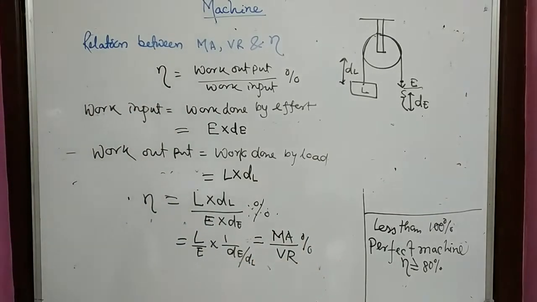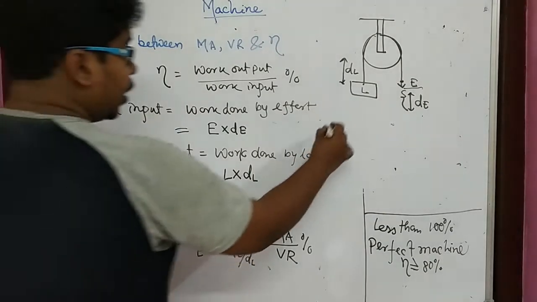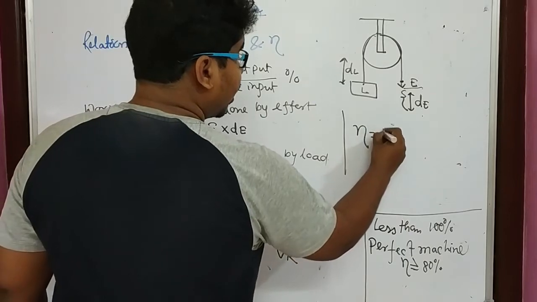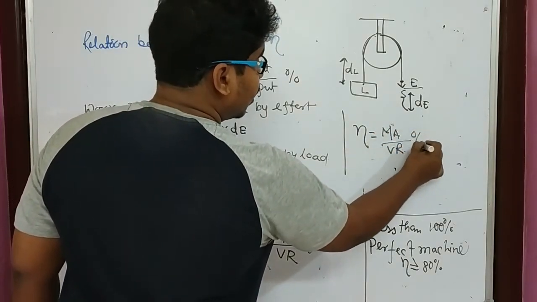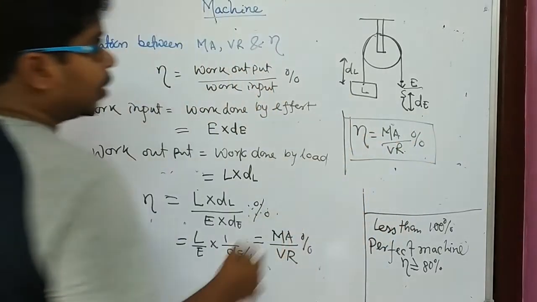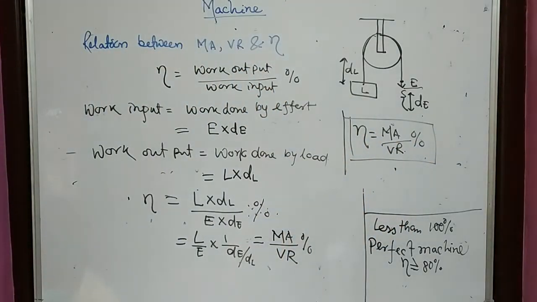So we can say efficiency eta equals mechanical advantage by velocity ratio. This is the relation between efficiency, mechanical advantage and velocity ratio.